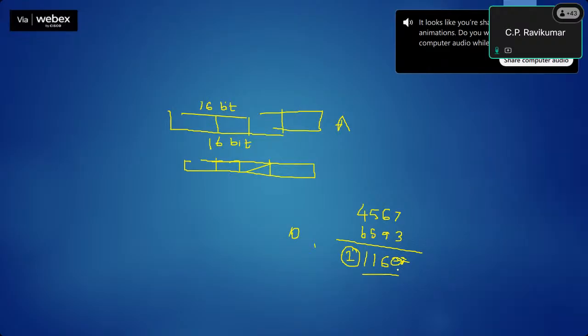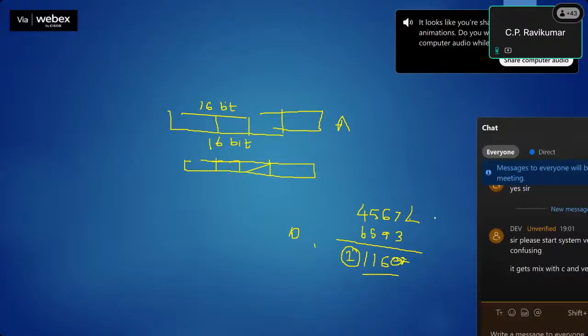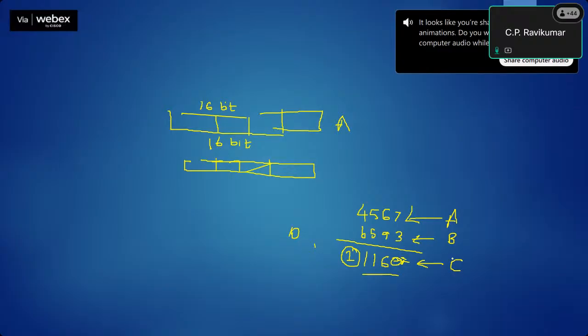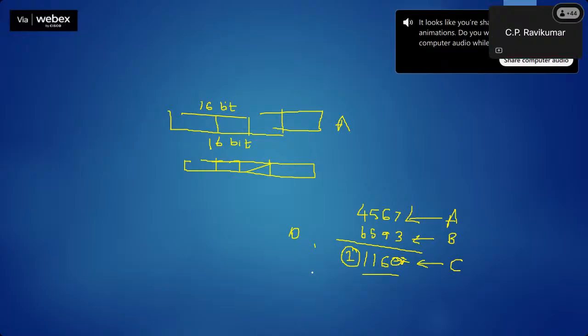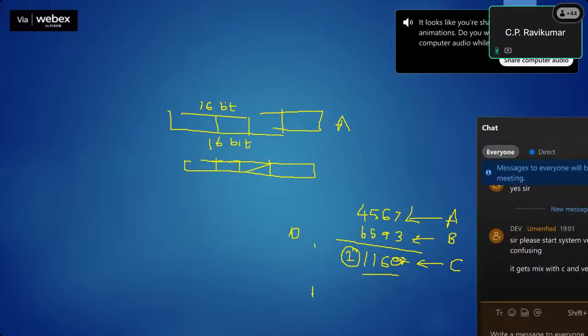We have a 16-bit register containing A, and A contains this, B contains this, and at the end we would like a register called C which contains this. This is a BCD pattern.